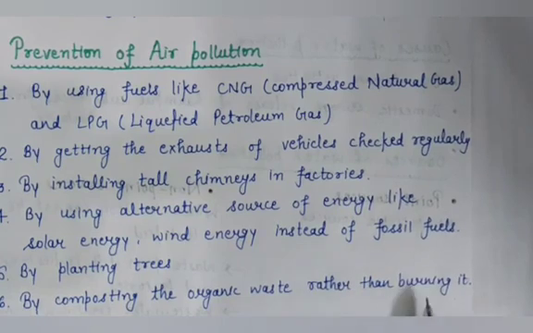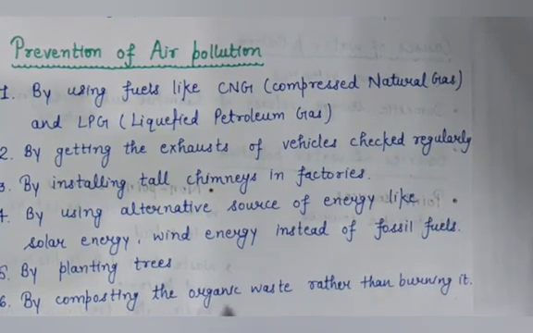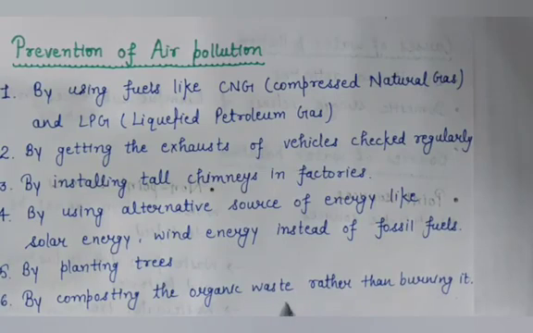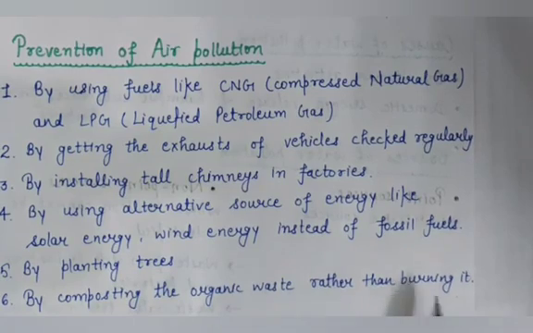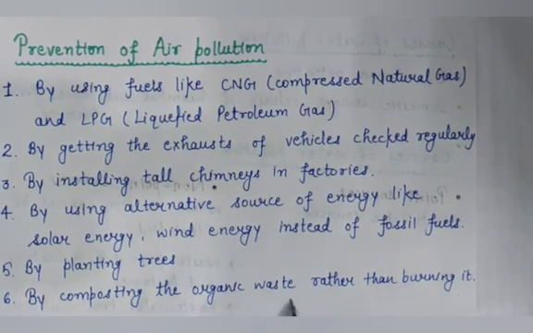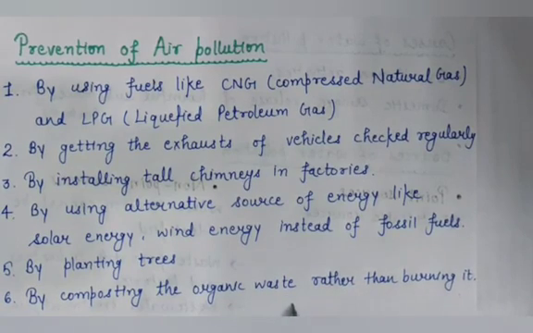We should not burn organic waste, because on burning it produces many harmful gases. That's why we should compost it instead of burning it. So by composting the organic waste, we can prevent air pollution.